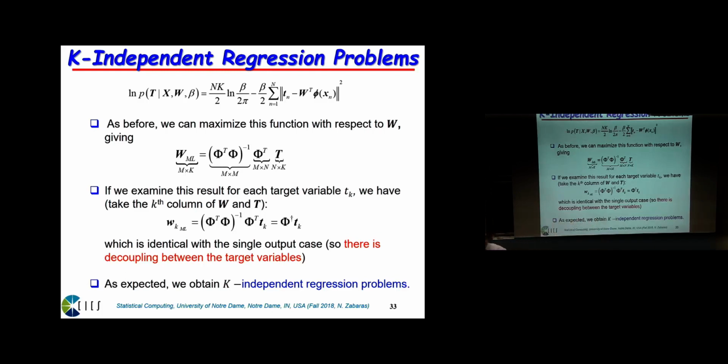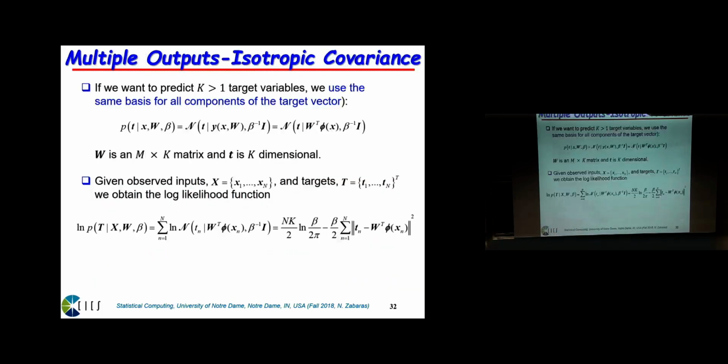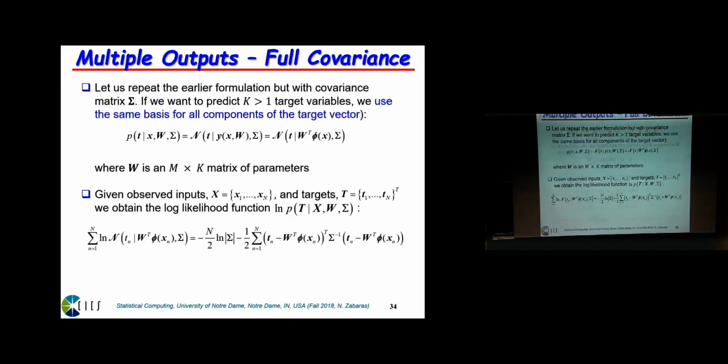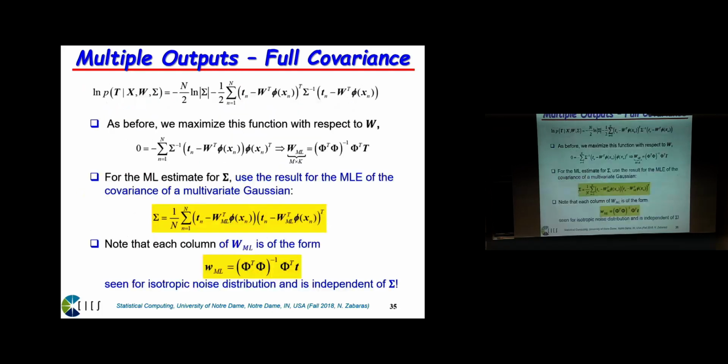So effectively what I just showed you with this formulation is like solving, this is a vector in k dimensions, k independent least squares problems. So really you're not learning anything new. Now, if you put a noise not to be the same, but some covariance matrix sigma, then the following thing comes, that somehow the coefficients W are independent of sigma.